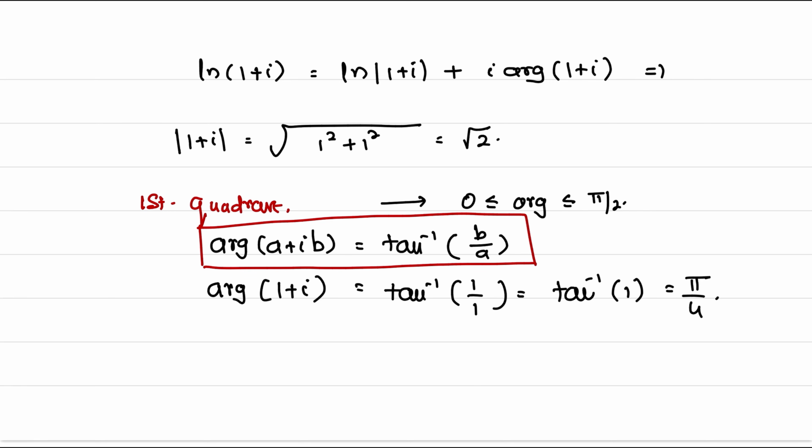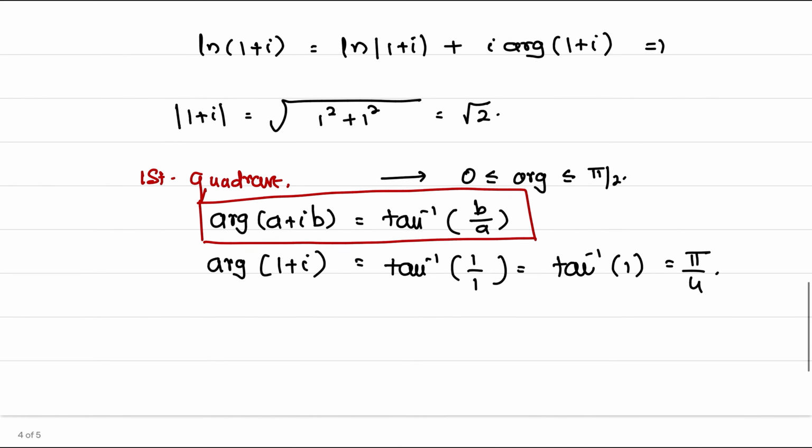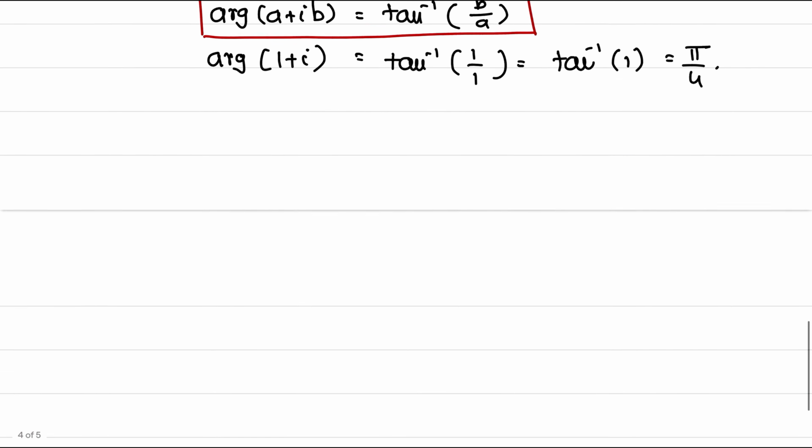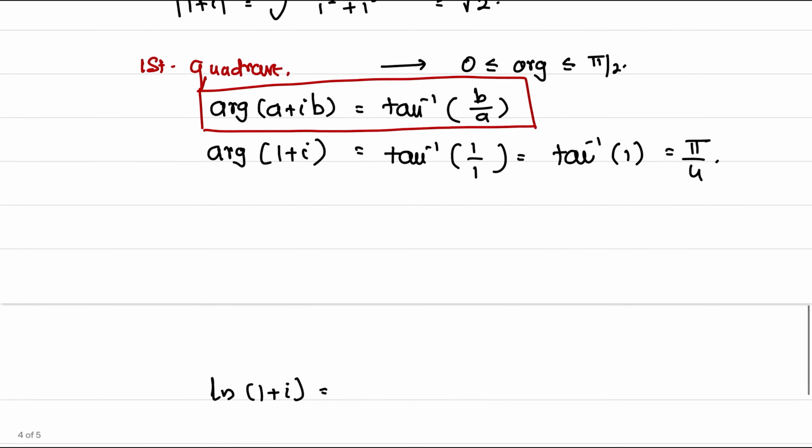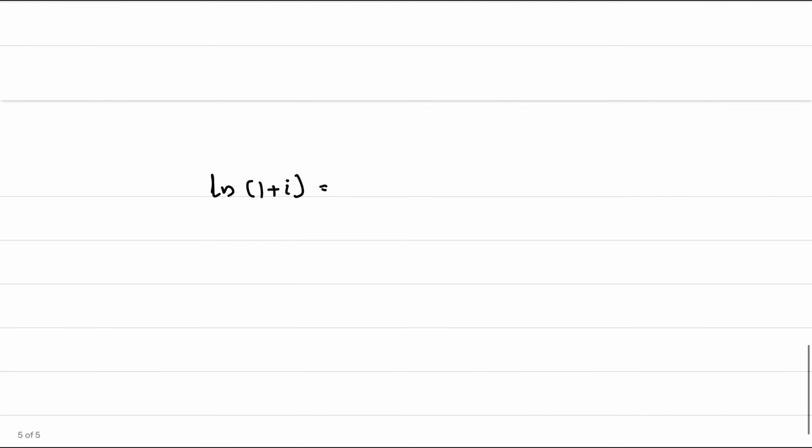That means, what is the value of ln(1+i)? ln(1+i) is equal to ln of the magnitude of 1+i, which is square root of 2, plus i into pi by 4.